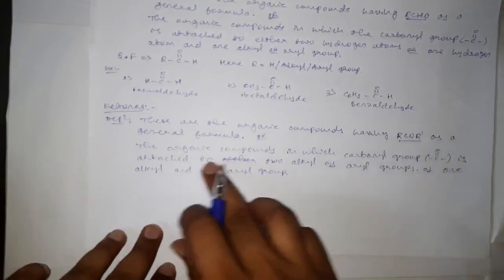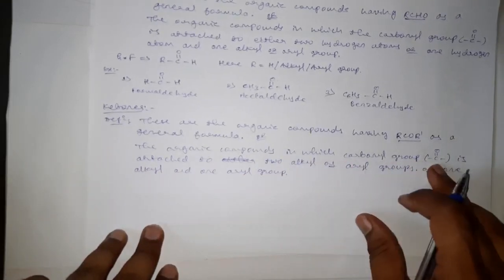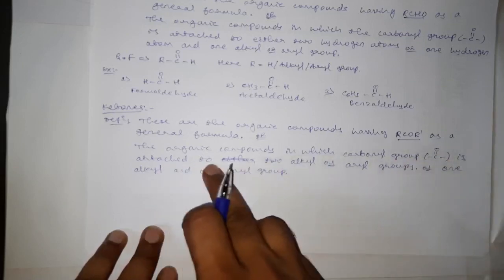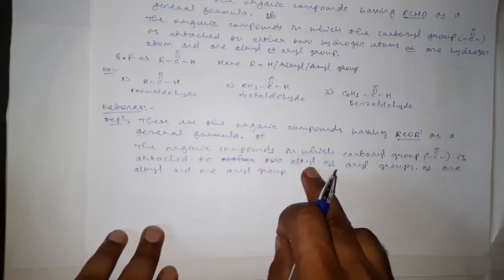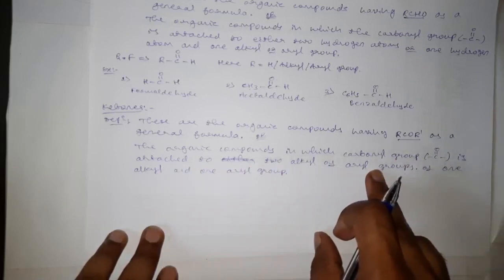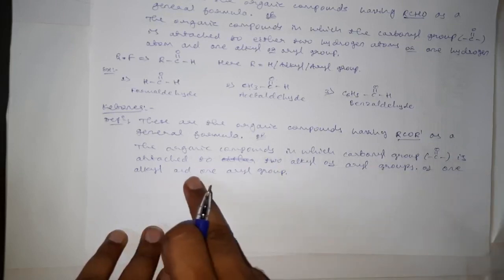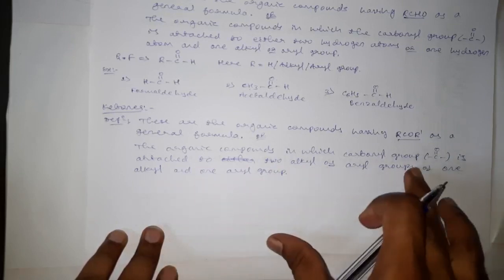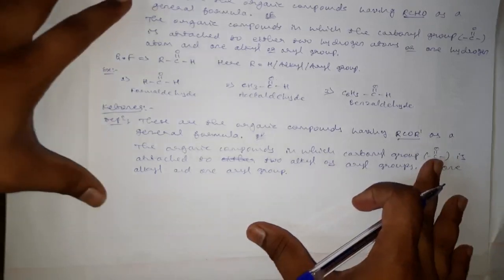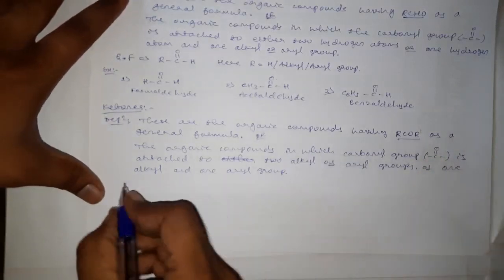See, the organic compounds in which the carbonyl group is attached to two alkyl or aryl groups, or one alkyl and one aryl group, then that organic compound is considered as a ketone.